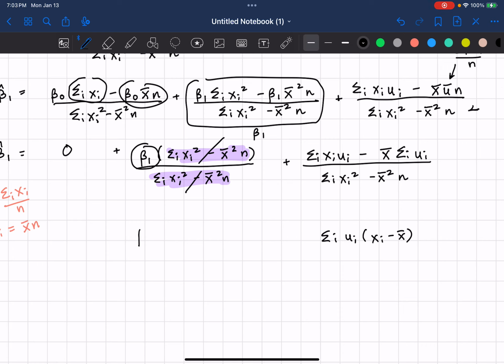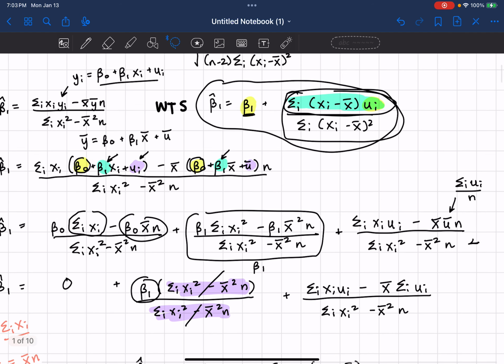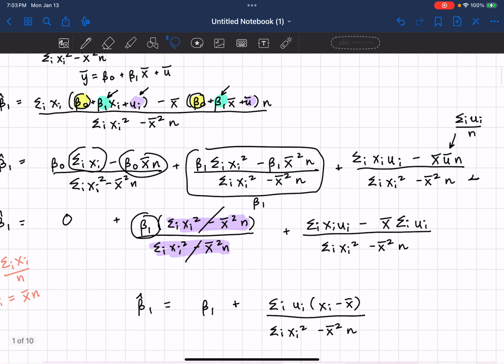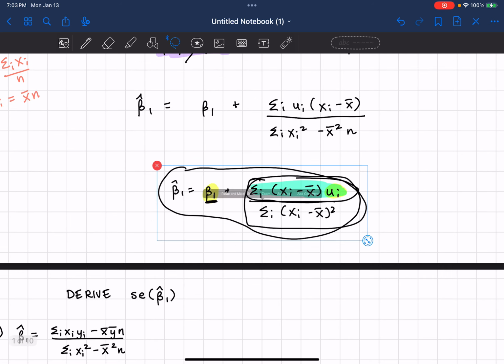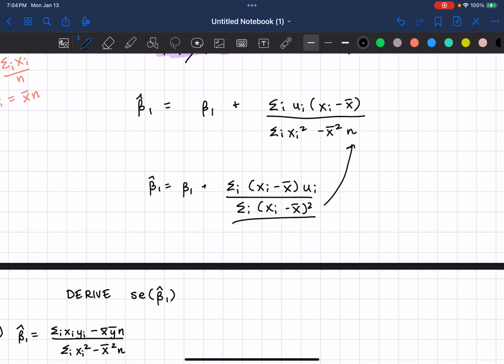So I'll say beta hat 1 is beta 1 plus this thing divided by this thing. And we're so close to being finished. Here's what we want to show. And I'm actually going to work on this to show that it's equal to this.